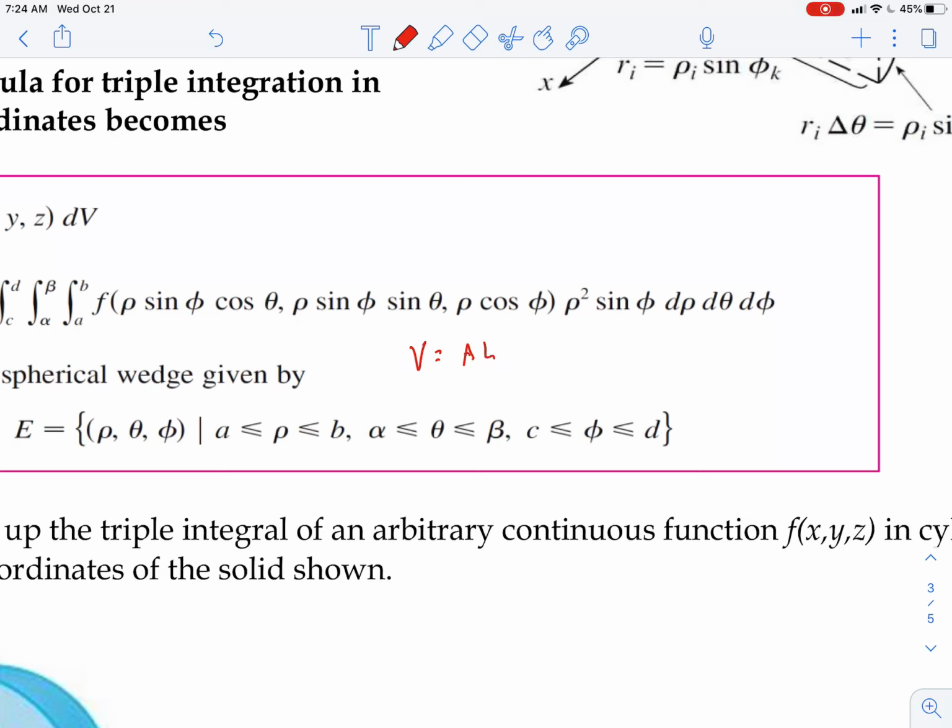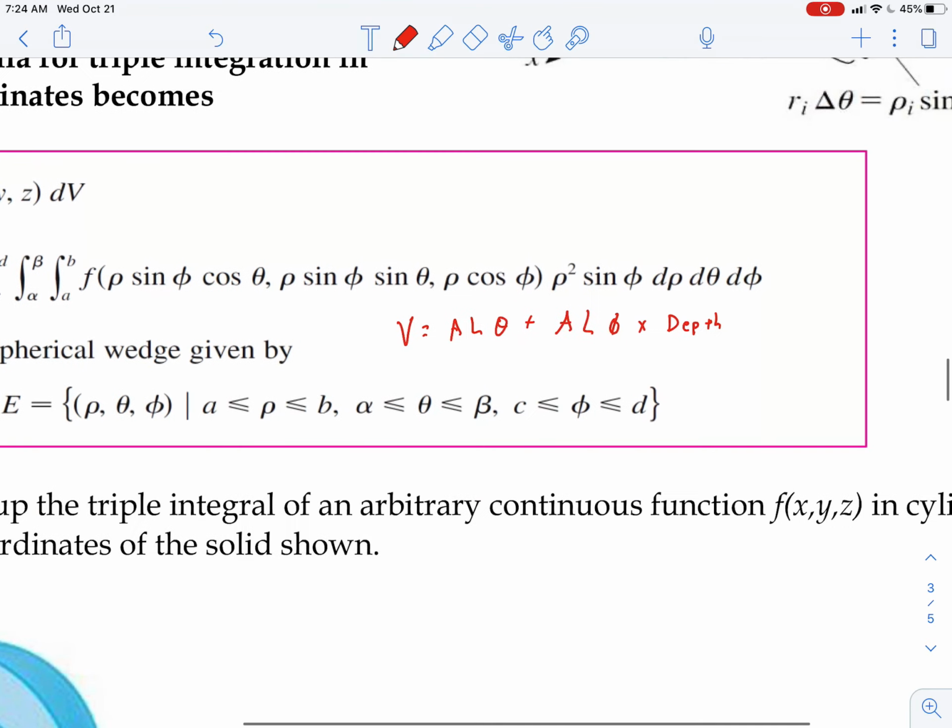Well, it's rho squared sine phi because the volume of a spherical wedge is just going to be the arc length of theta times the arc length of phi times the depth of our wedge. All right. Well, the arc length, if you recall from geometry or trig, is just the radius times the angle.